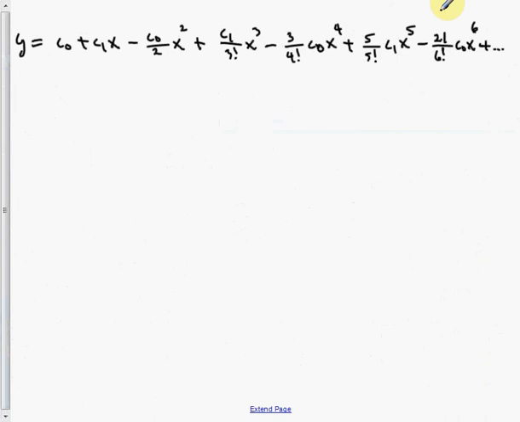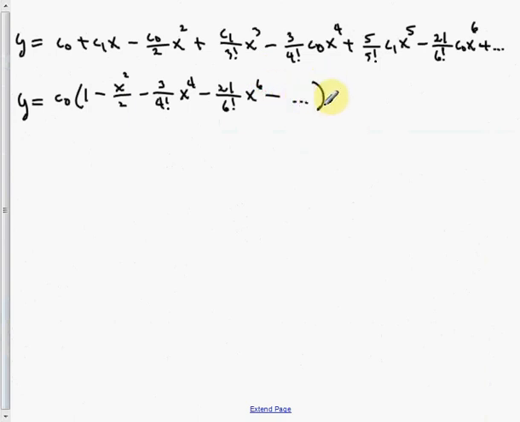So here, y is equal to C naught. I'm going to group it, get all the C naughts together. This is 1 minus x squared over 2 minus 3 over 4 factorial times x to the 4 minus 21 over 6 factorial times x to the 6. Looks like they're all minuses, so minus and so on. Close that up.